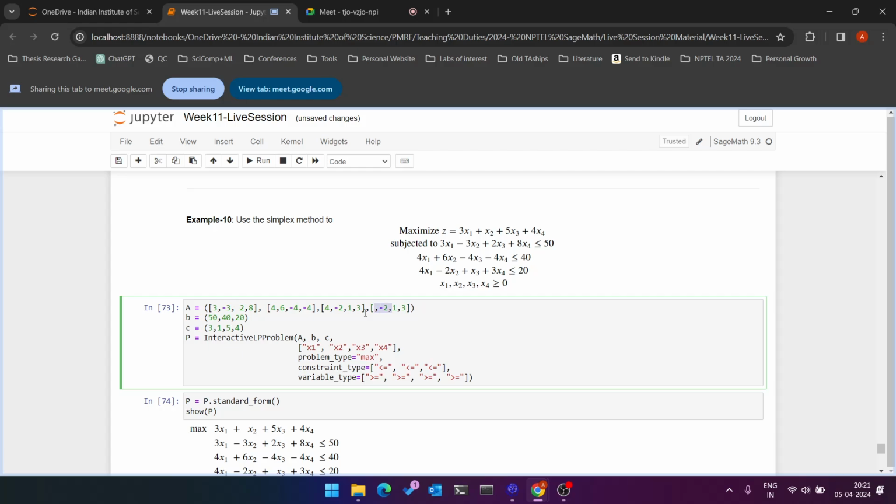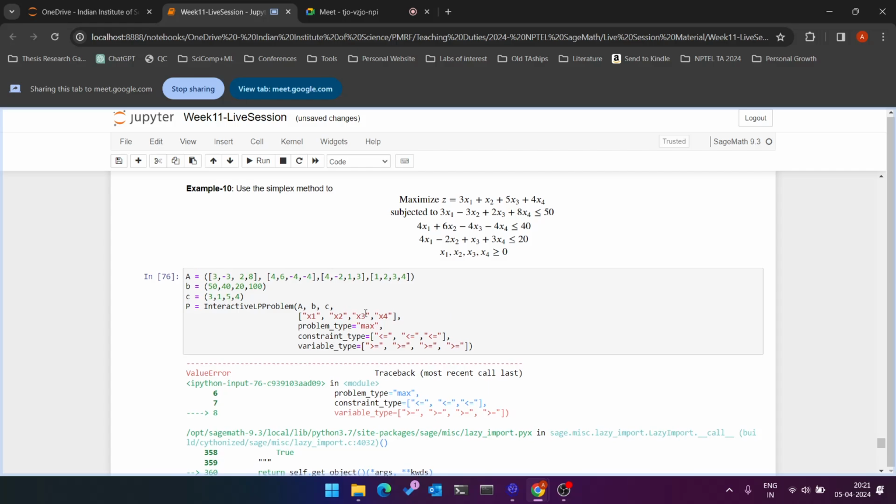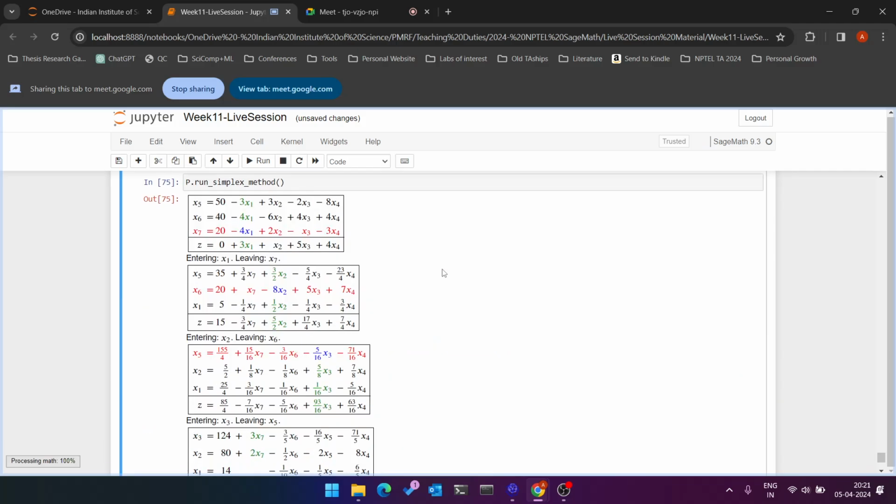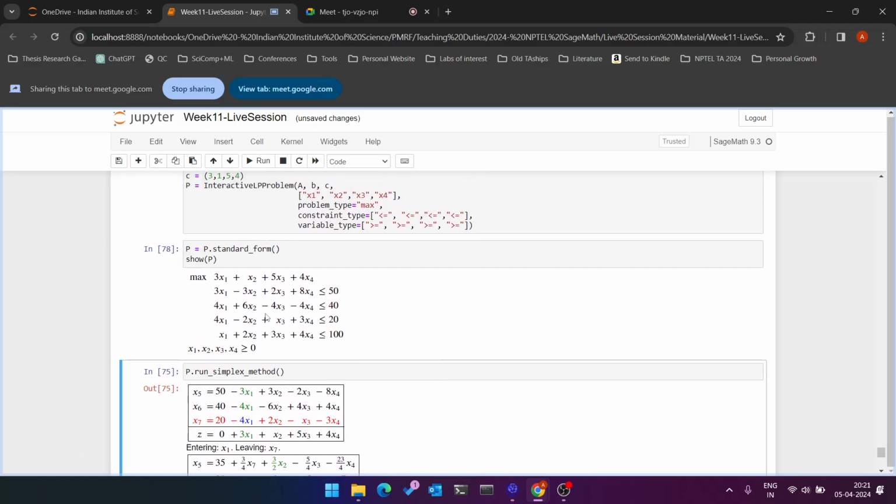Suppose I simplify it: 1, 2, 3, 4, and this is 100. Constraint type less than or equal to. And if I now write the LPP in its standard form, this is how it looks.